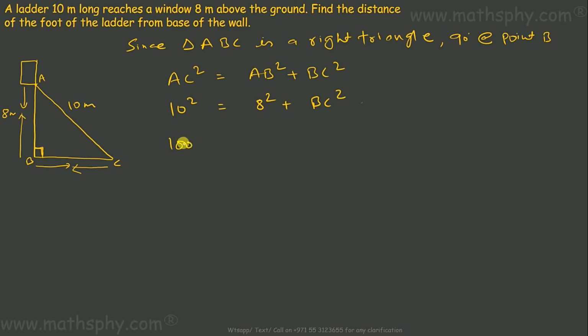So this will be 100 minus 64 equals to BC square, means 36 is equal to BC square. So BC would be root 36, which is 6. So this distance, from the base of the wall to the foot of the ladder, would be 6 meters.